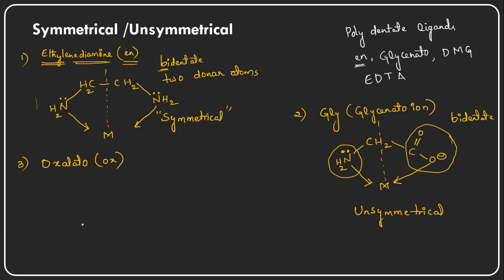If you see the structure of the oxalato ligand, C double bond O, C double bond O, and here O minus. This is an anionic bidentate ligand, because both the oxygens are carrying negative charges.